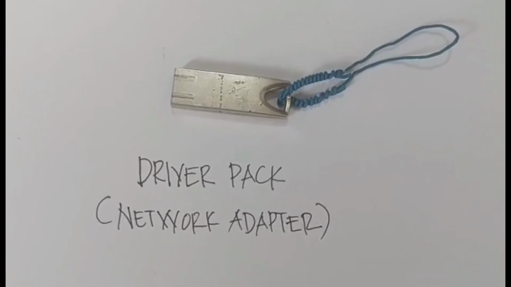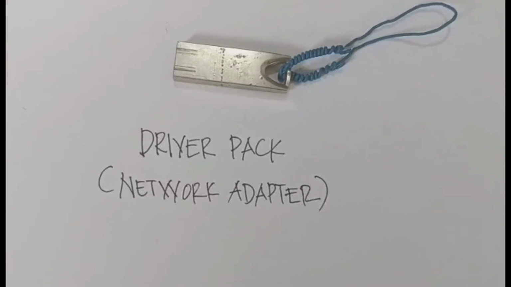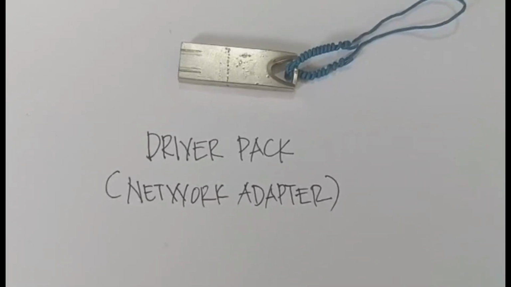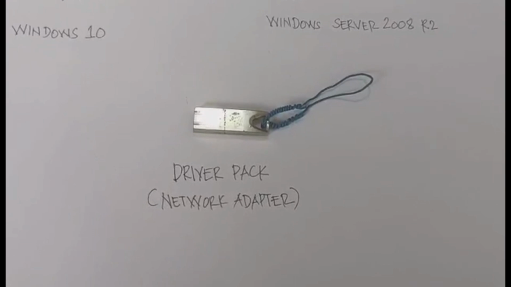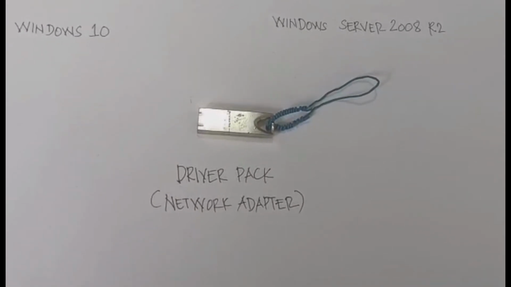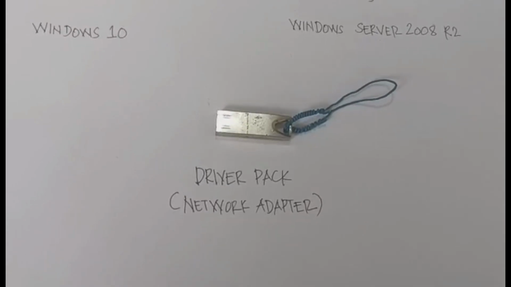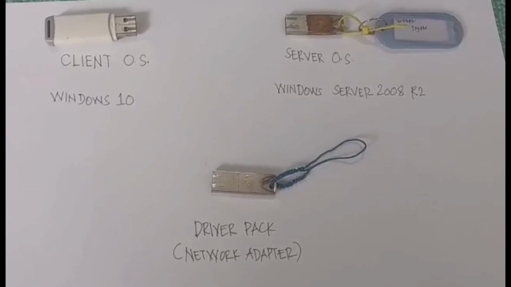I don't need the drivers for display and sound yet. The important one for us now is the network adapter. But if you already know the model and brand of your system unit, you can download the network adapter driver directly, so no need for a driver pack. But in this case, I just use a driver pack.